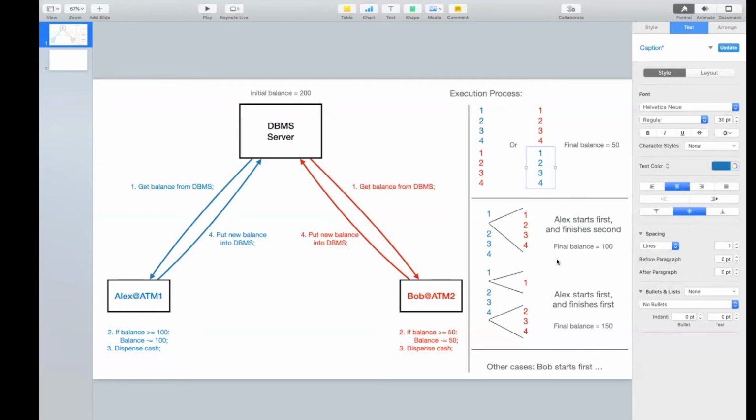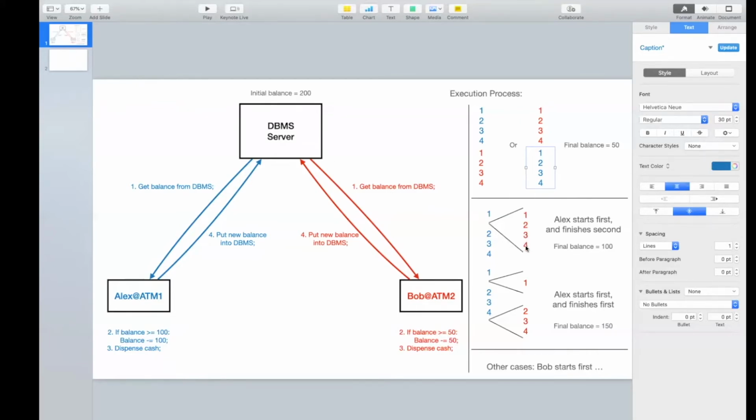If so, what will be the balance for the account? By checking the transaction steps very carefully, when we do step 1 for the blue transaction, we get the balance from the DBMS. The balance here will be $200, right? And then we do the transaction for Bob. We get the balance from the DBMS, and the balance here should also be $200. We do the 4 steps and write back the balance to the DBMS.